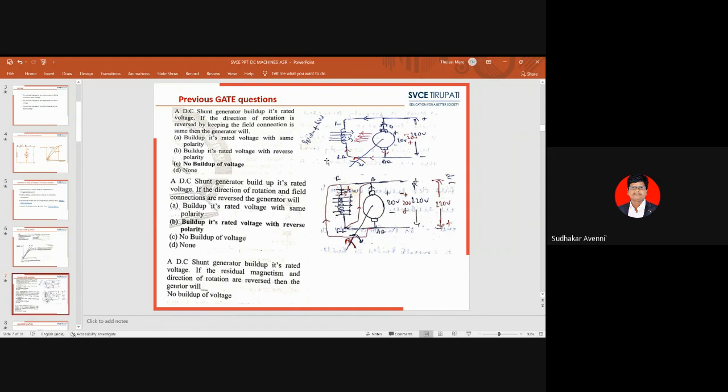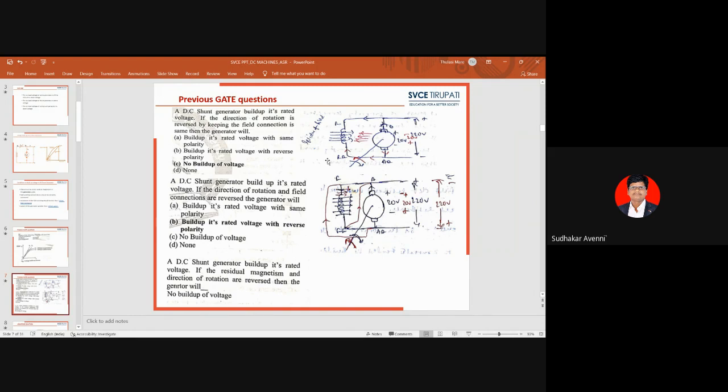But here, the GATE question is, a DC shunt generator builds up its rated voltage. If the direction of rotation is reversed by keeping the field connection the same, the generator will: A, build up its rated voltage with the same polarity, B, build up its rated voltage with reverse polarity, C, no build up of voltage.